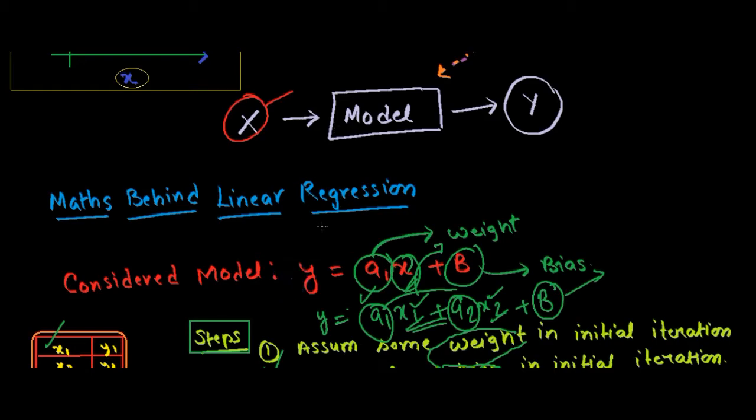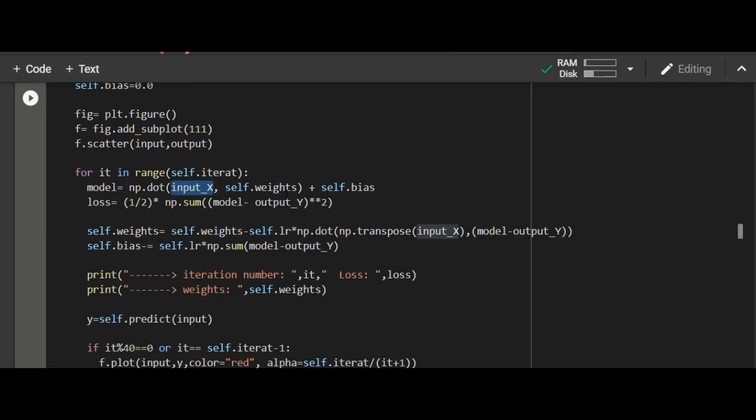Okay, but for simplicity, let's focus on only simple linear regression. Okay, so we assume that this input x is having only one parameter. Okay, only one independent variable. So this will get multiplied with weights and then plus bias. This is our model, and after that we need to find the loss.